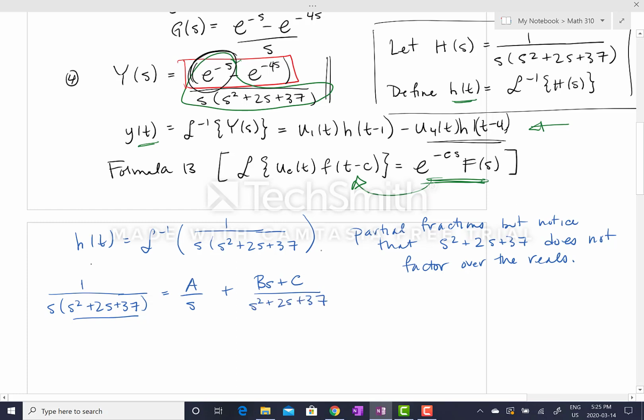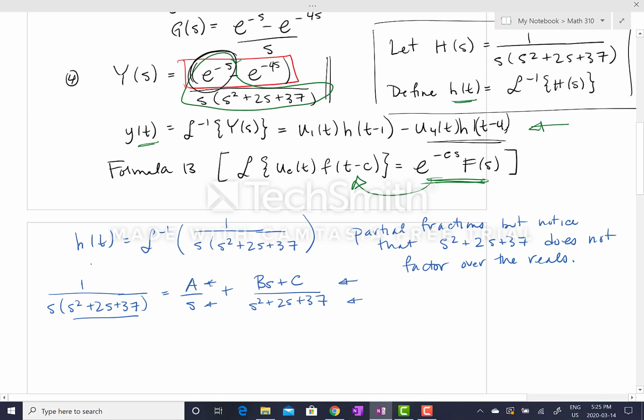As a memory aid, you'll notice that this denominator is degree 2, and this is degree 1. The numerator is 1 degree less than the denominator when you set up the partial fraction decomposition. Similarly here, if these are not repeated factors, this is of degree 1, and then this is of degree 0.